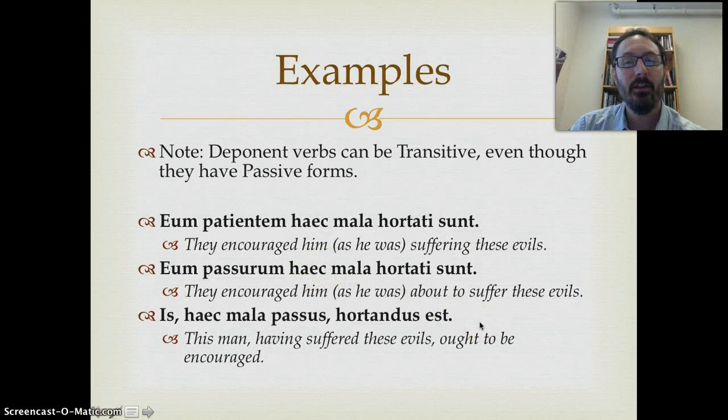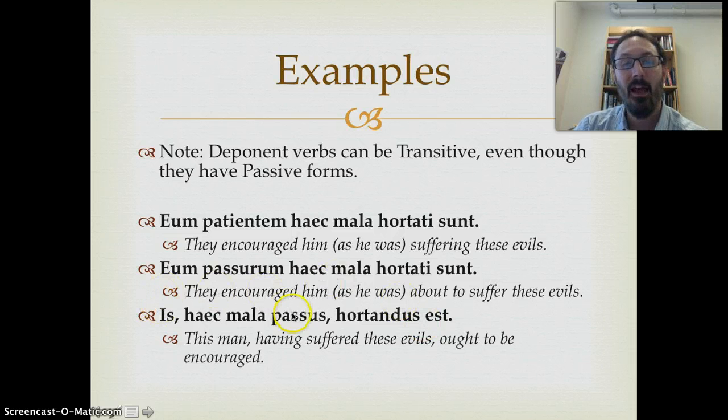Okay? And then finally we see hortandus est. Here is our future passive participle, which we can't use in the earlier sentences because the future passive participle means something different than just about to verb, or even about to be verbed. Here it appears in a passive periphrastic, which you remember, I hope, from Latin 2. So this man, there's our demonstrative pronoun, ought to or must be encouraged.